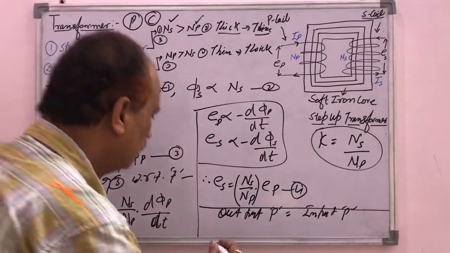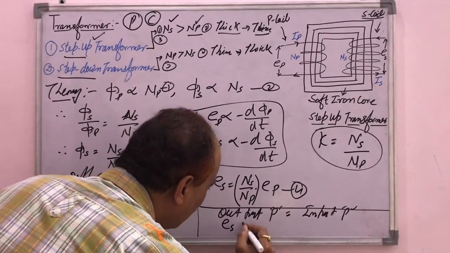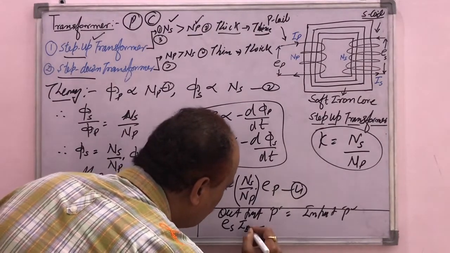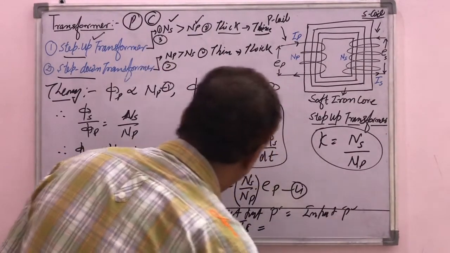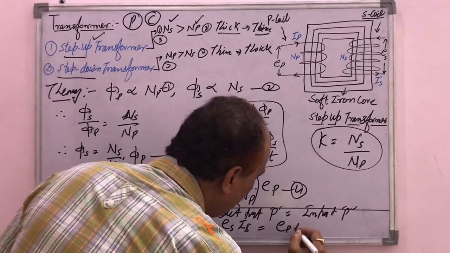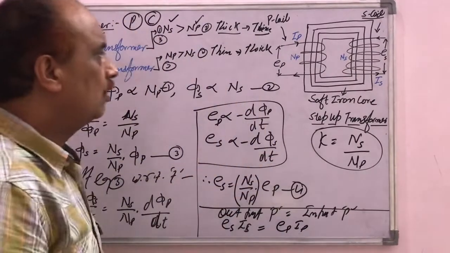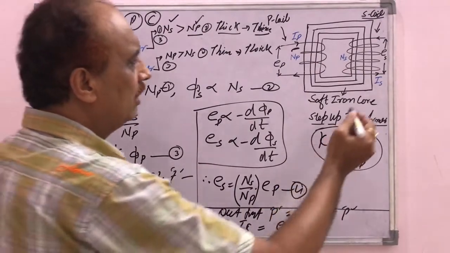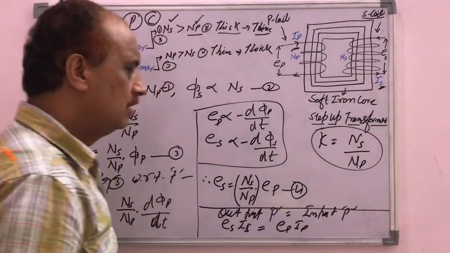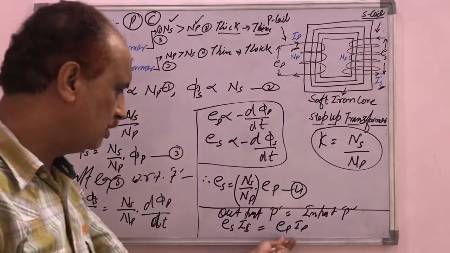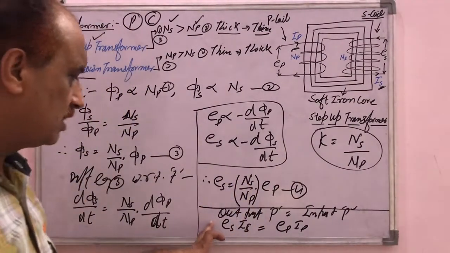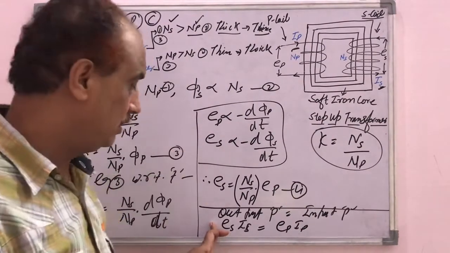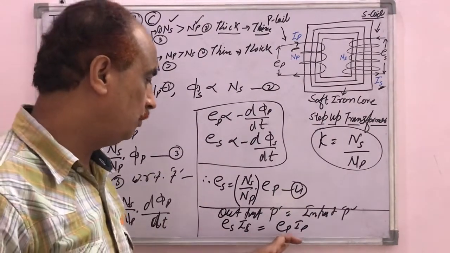So the output, Es multiplied by the current flowing in the circuit, Is, will be equal to the input power, Ep into Ip. Ip is the current flowing in the primary coil, and Is is the current flowing in the secondary coil. The products of these are equal to each other, but this is a condition only when we assume that there is no loss of energy. So Es Is equals Ep Ip.